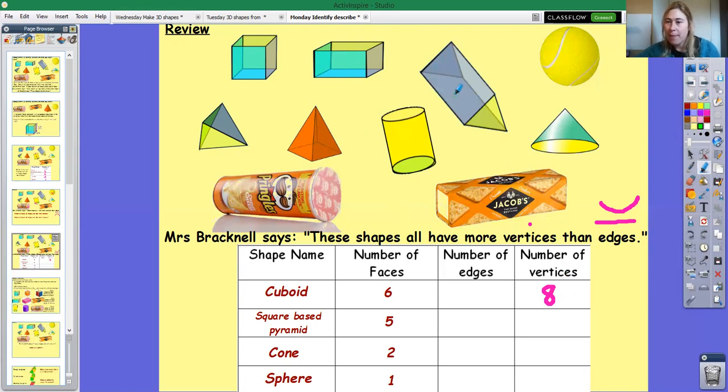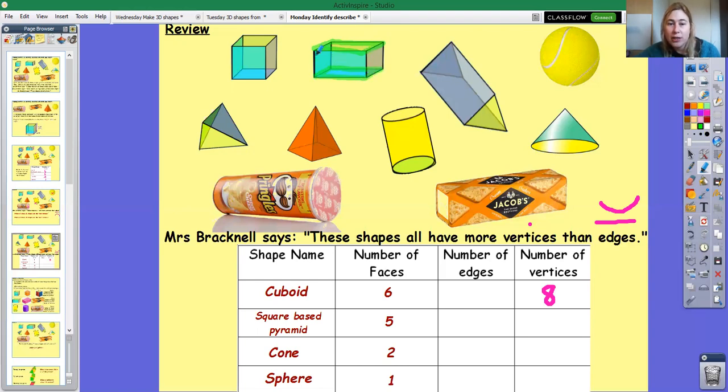So I would use my pencil and I would go along and trace over all of the edges and count at the same time. Let me just demonstrate that. And again, choose where you're going to start. So if you're going to start at the top, do all the top edges of the top face, and then think strategically about how you're going to do it. So if I start to count 1, 2, 3, 4, I might go to the bottom and do the parallel, 5, 6, 7, 8.